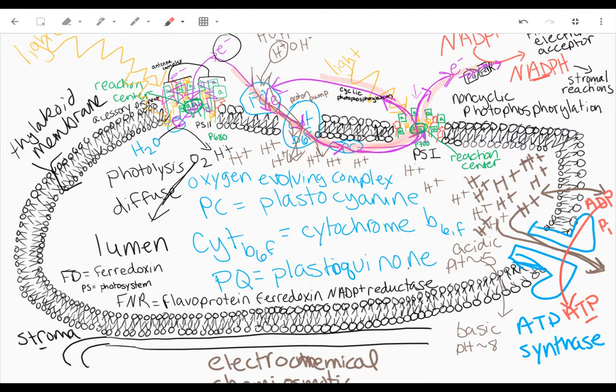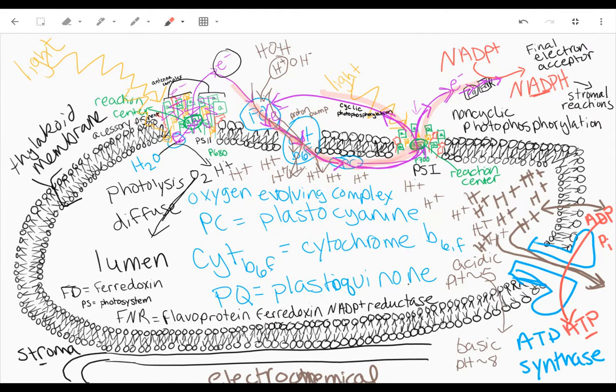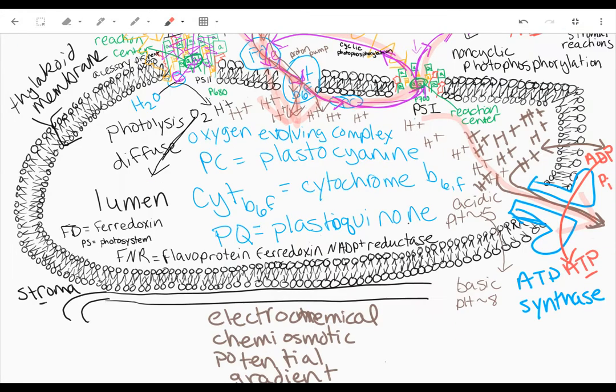If it's put into the non-cyclic, it's grabbed by our electron acceptor, NADP+, to become NADPH. And those electrons, as they're getting passed through, are used to build this lake of protons that we're then going to use to run our ATP synthase and create lots of ATP.